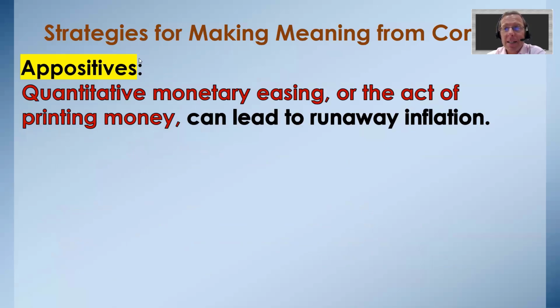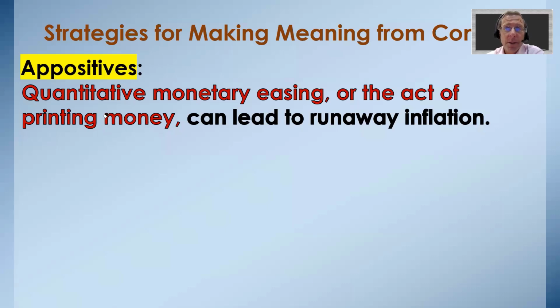We can use appositives or relative clauses to help us understand the meaning of a word that is unfamiliar to us or a phrase that's unfamiliar to us. So here, quantitative monetary easing is a term that we come across very often in economics, which essentially just means printing money.